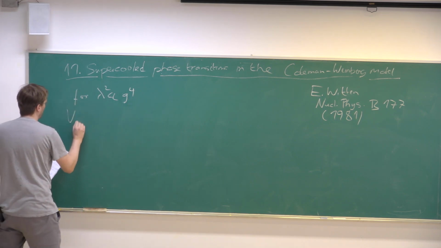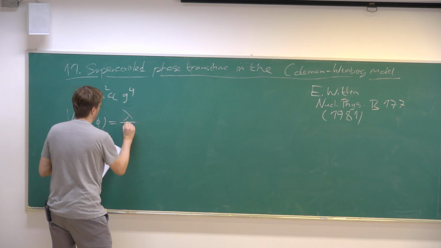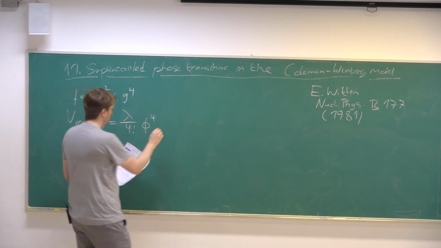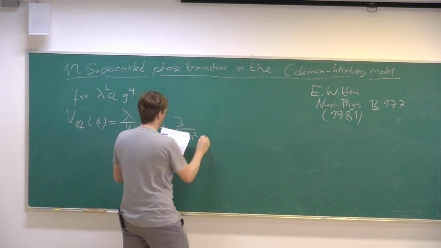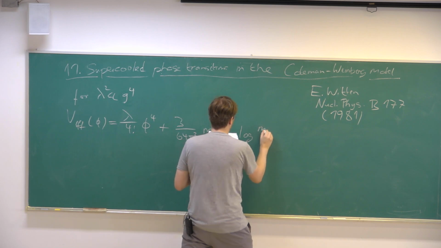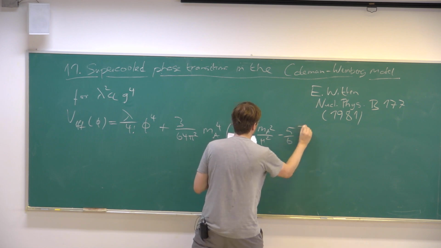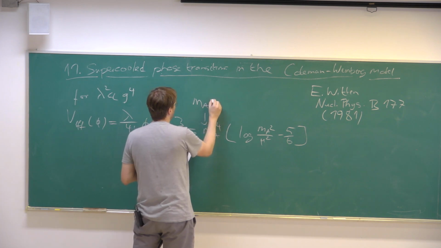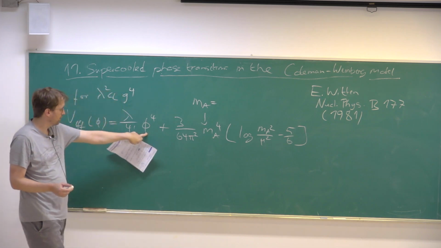And then we found that the effective potential is given by a tree-level contribution, and then there was a radiative contribution, where M_A here is the mass of the gauge field in this background of non-zero phi.